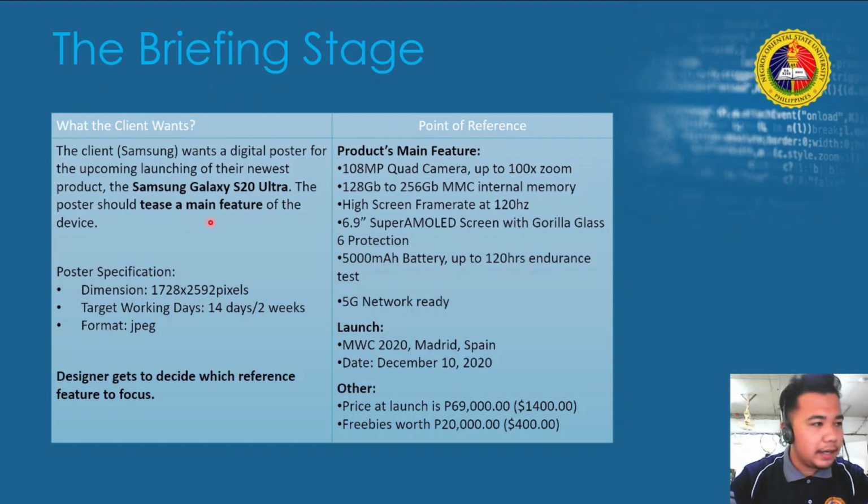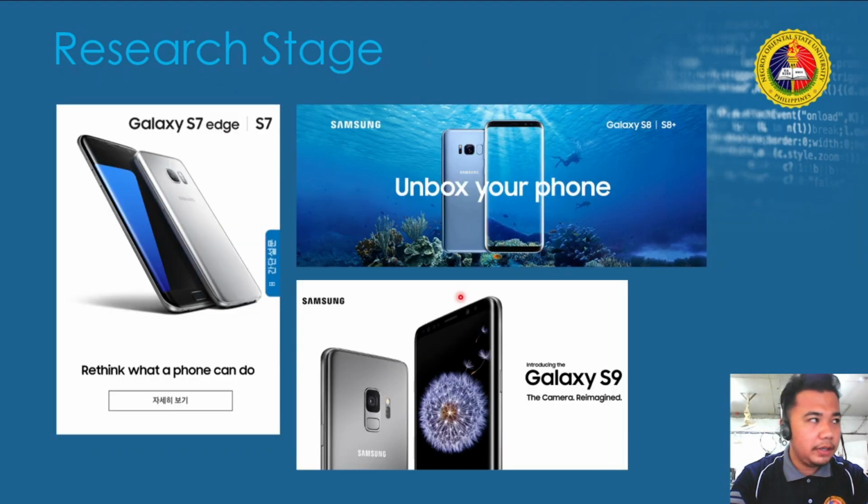So here we decided to use this particular feature, being 5G network ready, since at this time, it was released in 2020, 5G network wasn't really available worldwide. So this is going to be the thing that we focus on for the strategic stage. We're going to focus on the 5G network, and we will make sure that the 5G network is emphasized. That will be our theme for our design.